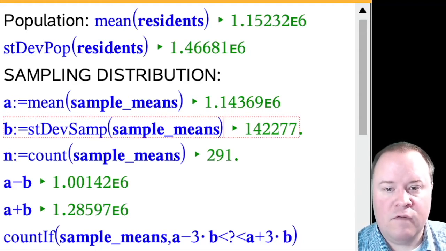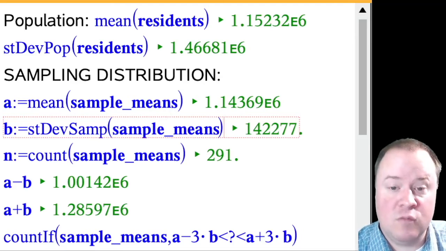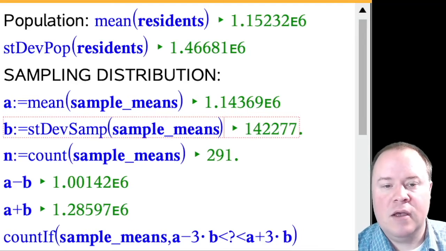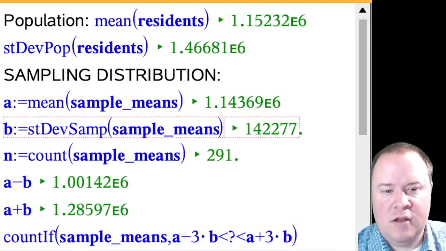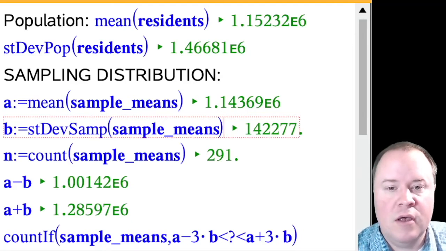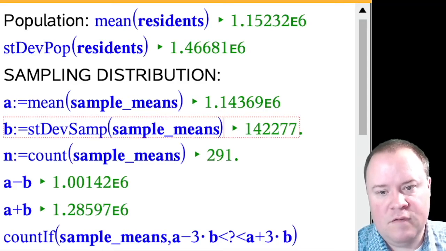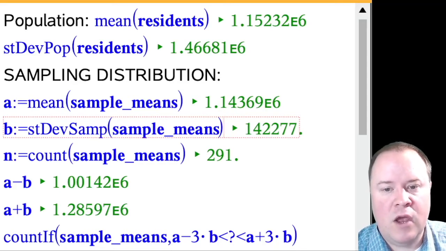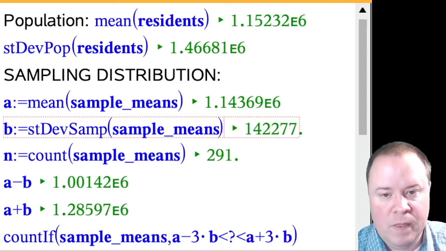So 1.14 million, and the standard deviation is 142,000. This isn't the range, this is the standard deviation, right? The standard deviation is pretty small. And so that means about 2/3 of the data is going to be within a range of about 300,000.